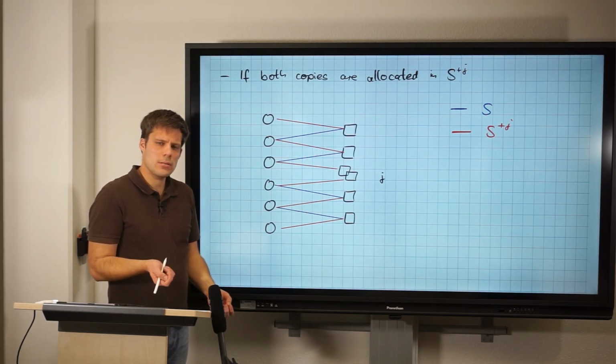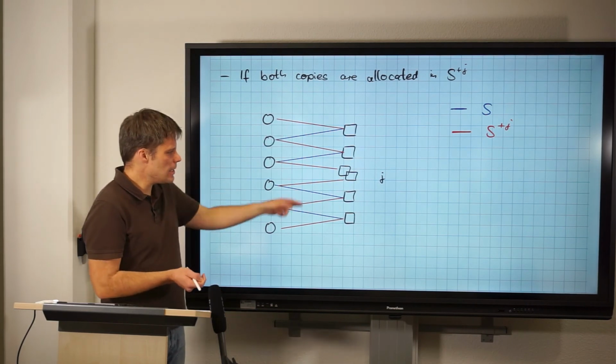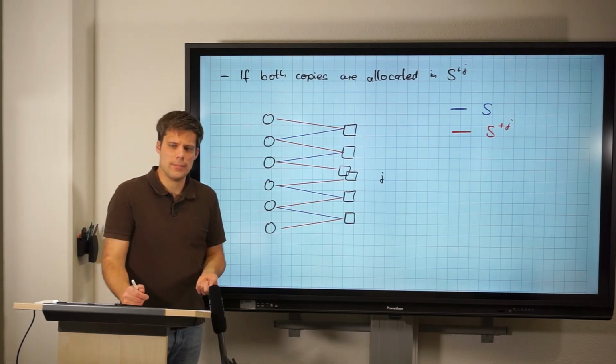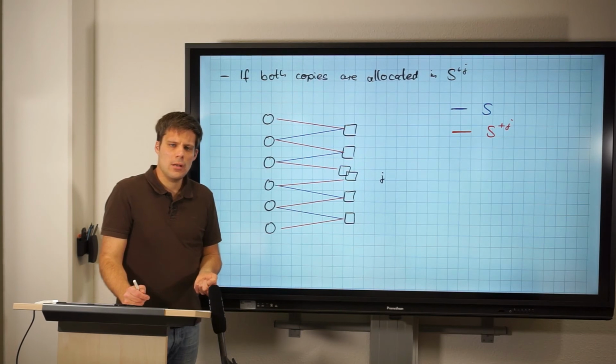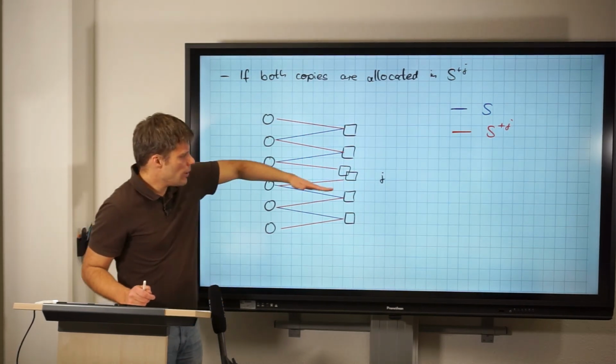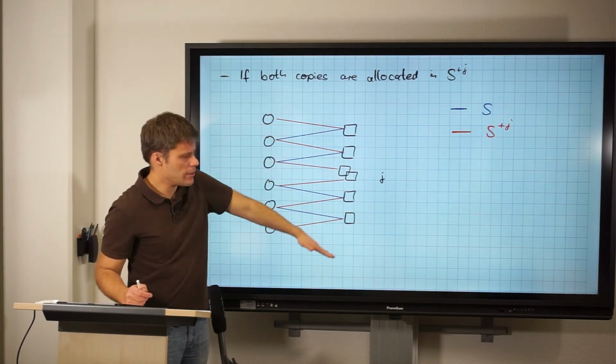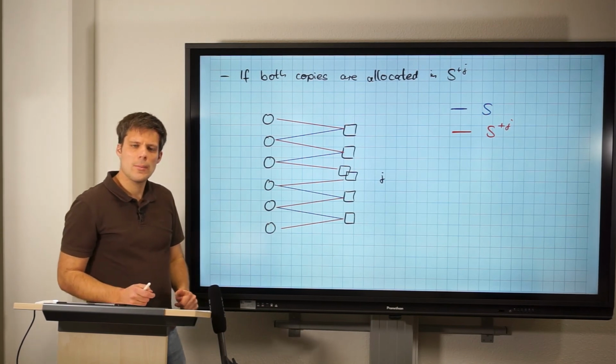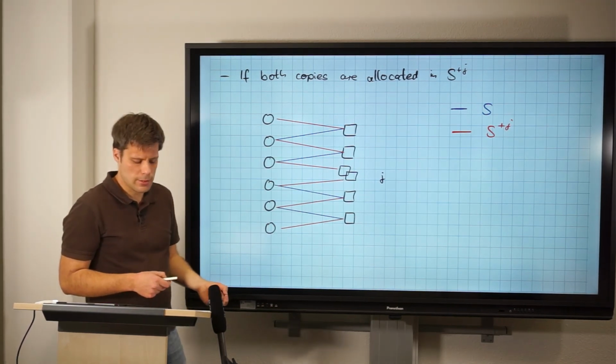And the point is now, if this increases social welfare, then one of the two, so either this part or that part, will also have to increase social welfare.